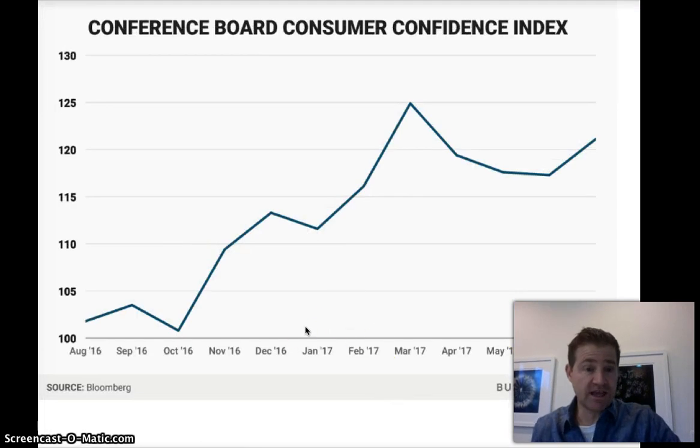One thing that definitely has happened since the election is definitely something that we would call an increase in consumer confidence. People have confidence in the economy, which encourages them to spend, and you can see that while consumer confidence was definitely increasing before the election, it has continued to increase under Trump.